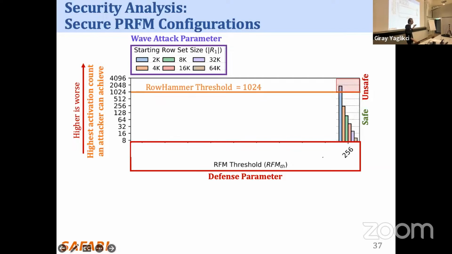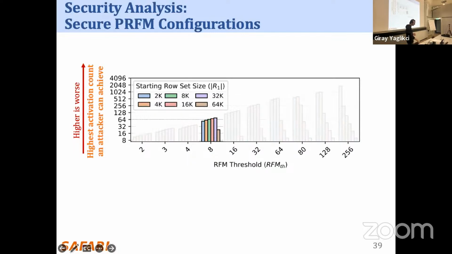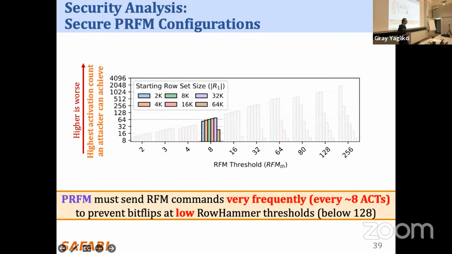Therefore, this system wouldn't be secure with an RFM threshold of 256. Now I reveal all of the figures to show the security each RFM configuration provides. We observe that PRFM must send RFM commands very frequently to prevent bit flips at relatively low RowHammer thresholds.